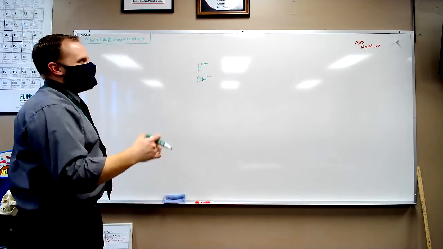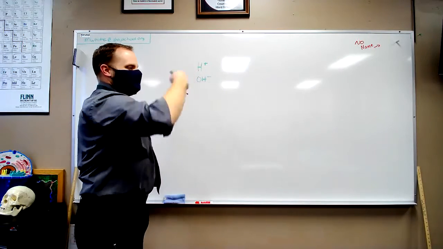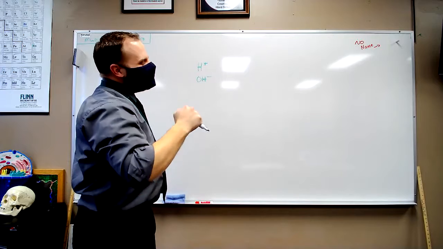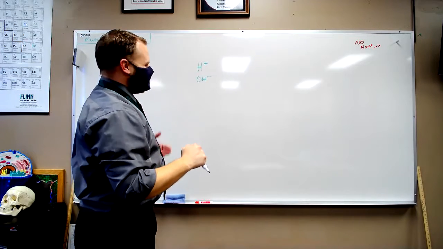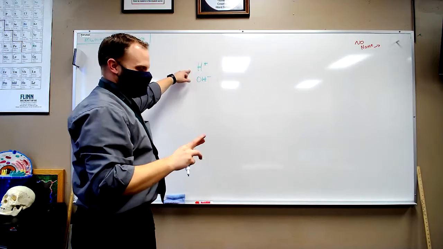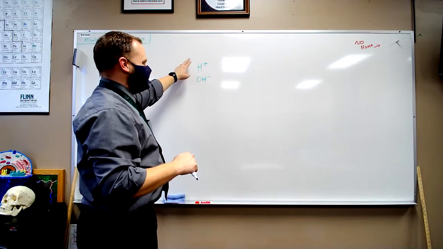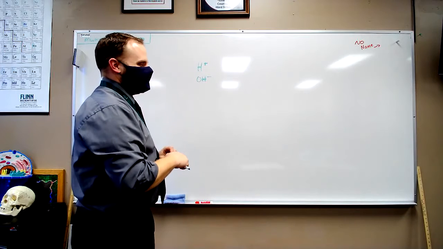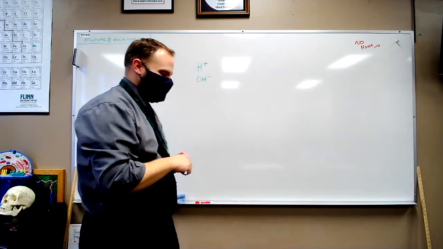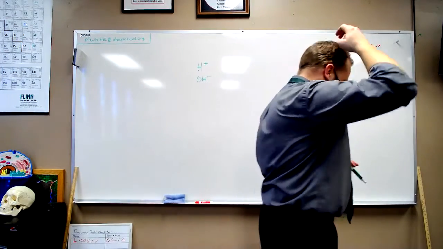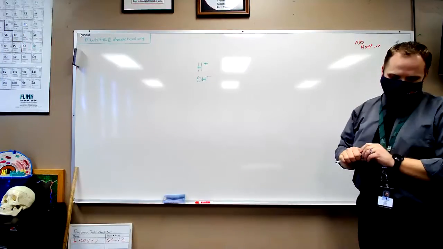So we will often use the terms proton and hydrogen ion interchangeably. It's a little more accurate to say hydrogen ion, because sometimes hydrogen has one or two neutrons with it, but the vast majority don't. And OH minus is hydroxide. That one will pretty much always just be called hydroxide.